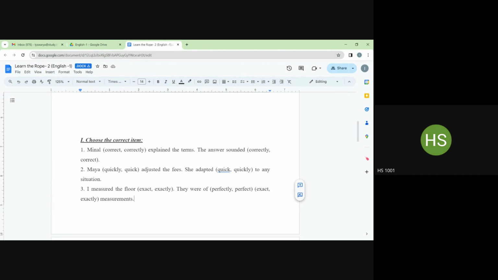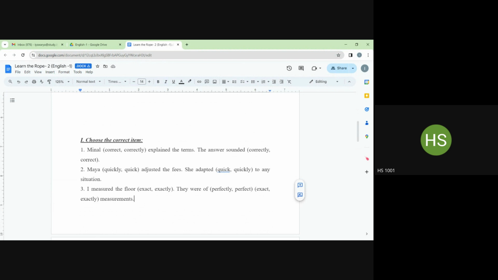This is what you call the predicative use of adjective. So I can say correct answer, but I can also say the answer sounded correct or the answer is correct, whatever I use as a verb. Placing the adjective a little away from the noun that it is modifying, I call it the predicative use of the adjective.